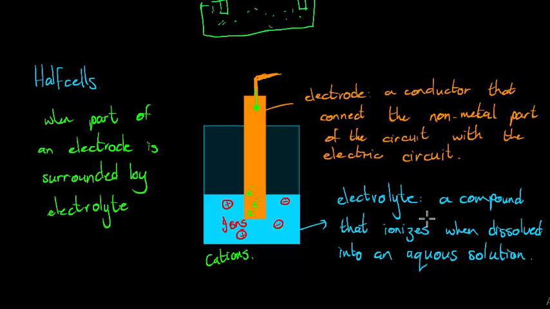Now this will be connected to another half cell that will do the exact same thing. It just depends which electrolyte has the strongest pull. The electrolyte with the strongest pull on the electrons will be the electrode to which electrons will start flowing. It's a kind of tug of war, but we'll look at more of that in our next video. This is just the idea of what a half cell is.